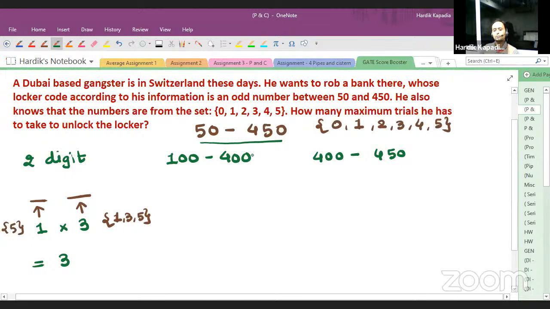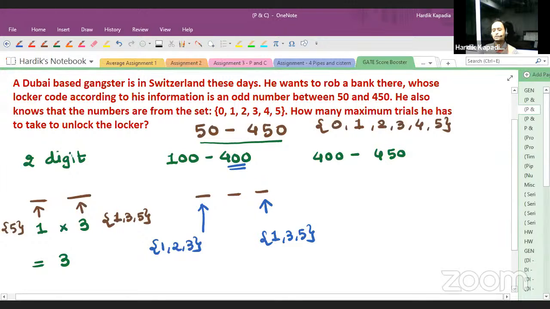Now, between 100 to 400, we have a three-digit number. For the last digit, we can say it is 1, 3, 5 only. For the first digit, it can be 1, 2, and 3 only, because it is up to 400 only, not beyond 400.